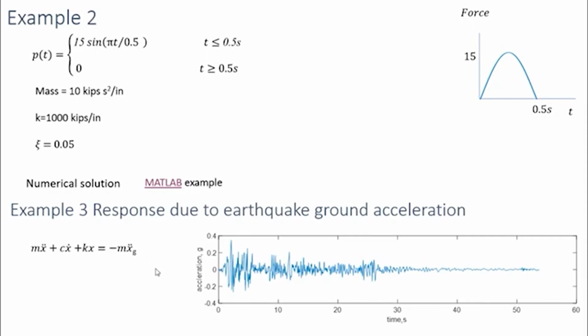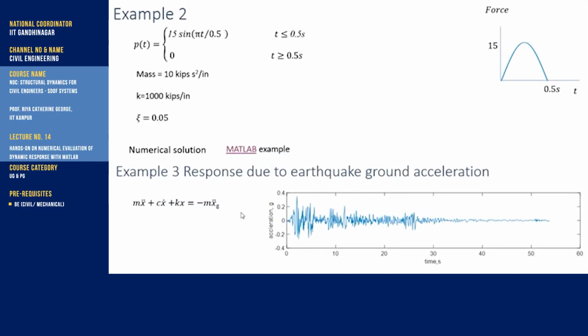So this is the forcing function, that is, this acceleration times mass, in the opposite direction. So let's solve this using the same numerical method. We can use that numerical method for any linear system.